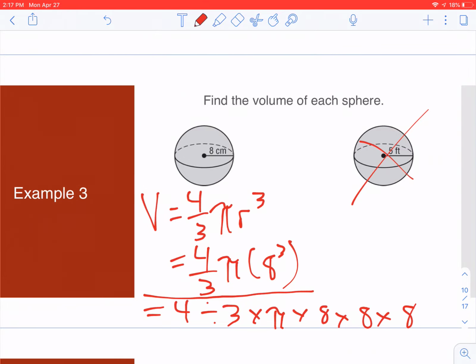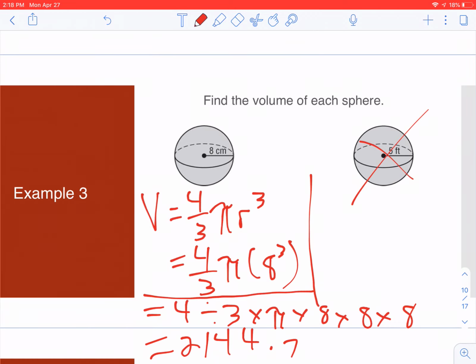So if I type all that in my calculator, 4 divided by 3 times pi times 8 times 8 times 8 equals, I get 2144.7.